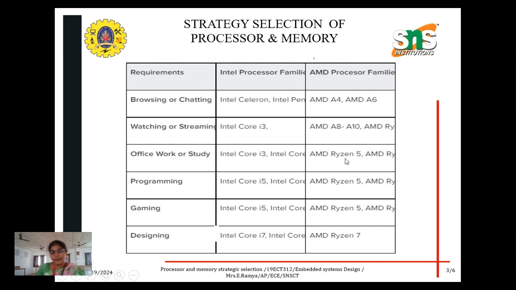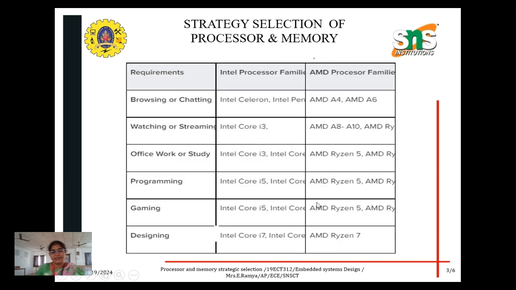AMD Ryzen 5 processor is used. Currently, I am using an AMD Ryzen 7 processor in my laptop. After that, suppose they are using it for programming, like IT company employees, they use Intel Core i5 or AMD Ryzen processors. Suppose they are using it for gaming purposes, they can select Core i5 or AMD Ryzen 5.